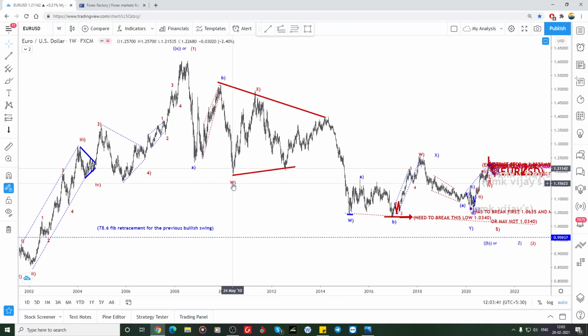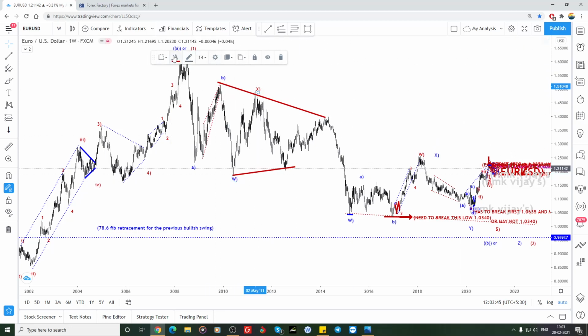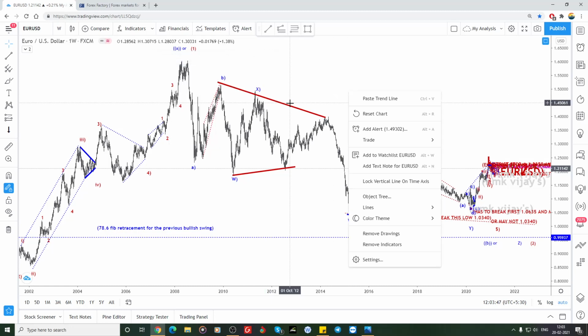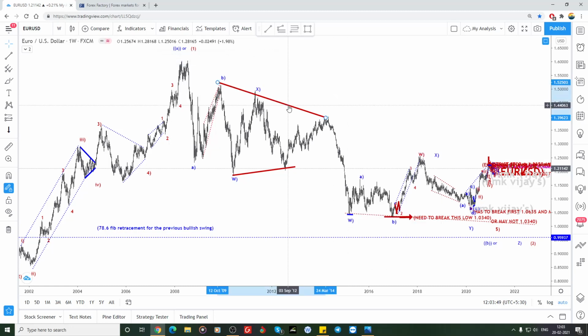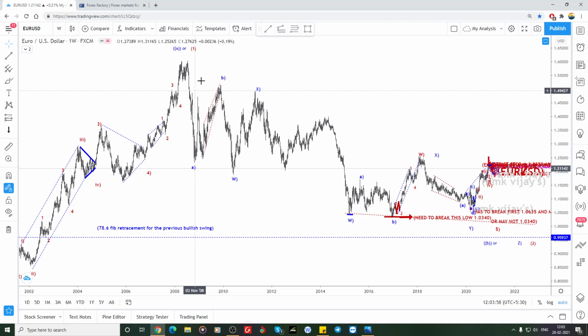And followed by, we can make this blue. So if it didn't break, if it is not a triangle, right? So this is also an invalid count. So A, B, C is a, and again B and C. So this is a W, X, 1, 2, 3. So this could be a here.